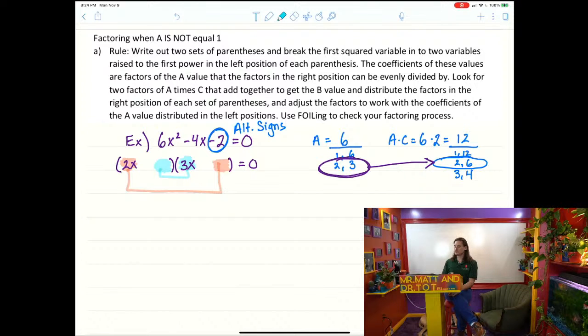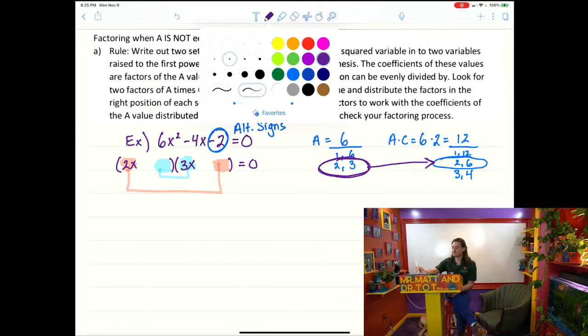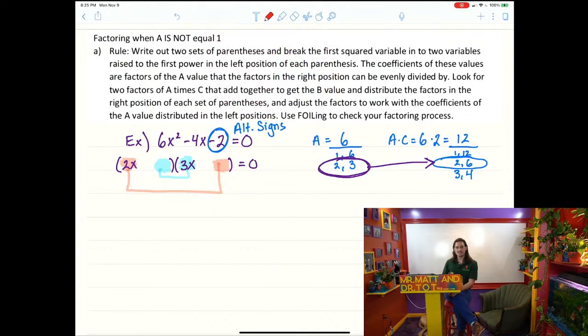So when I choose my factors, I have to choose the placement carefully because I want the 6, which is divisible by 3, to be associated with the 3. I want the 2 to be associated with the 2.